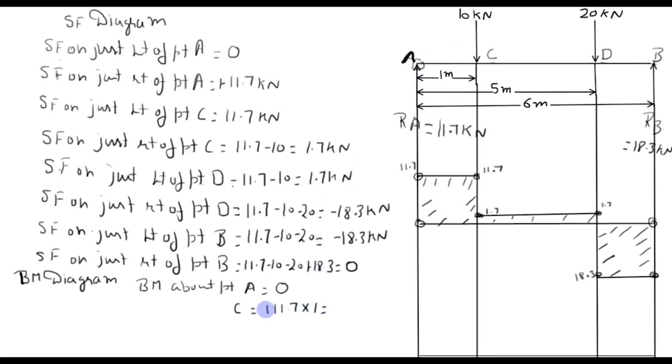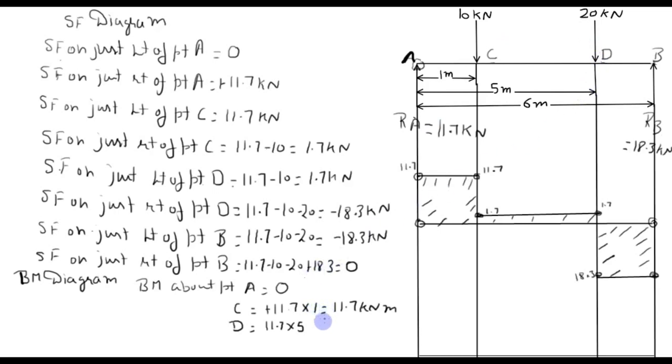So this is positive, so this becomes 11.7 kilonewton meter. Next point is point D. On the left side of point D there are two forces, so two moments are there. First one is 11.7 at a distance of 5 meter from point D, and this tends to rotate the beam in clockwise direction, so it is positive.